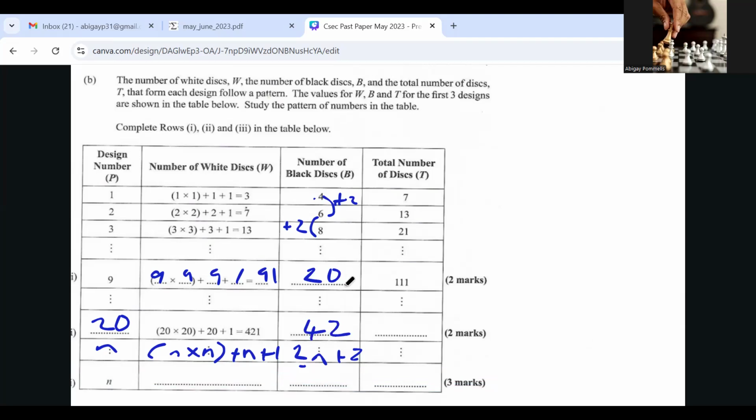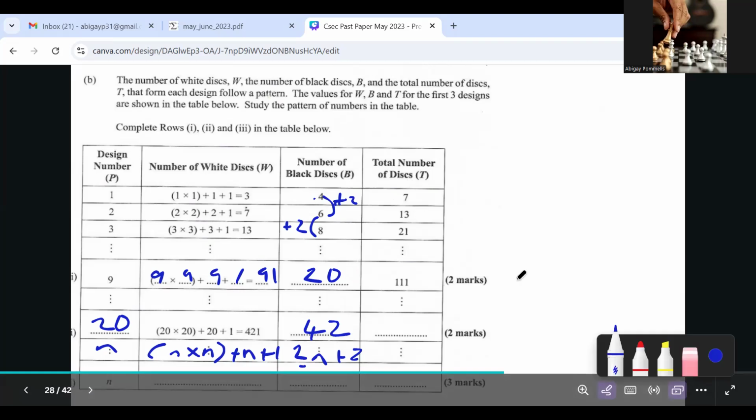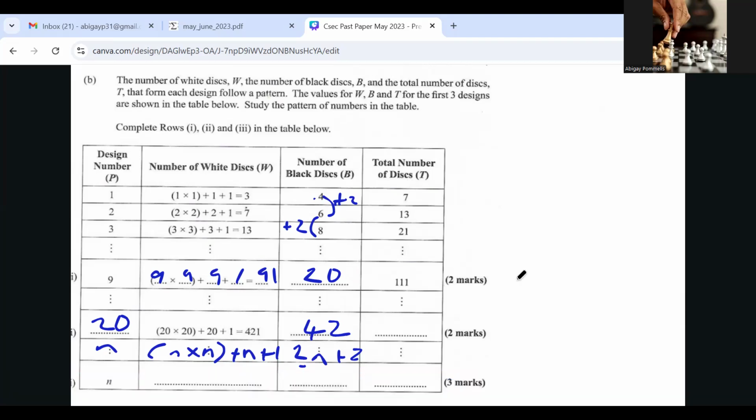We finished that column, so we're going over here now. We're going to follow the same pattern and see: 13 minus 7 is 6, and then 21 minus 13 is 8. Okay, so this is not a pattern we can follow.